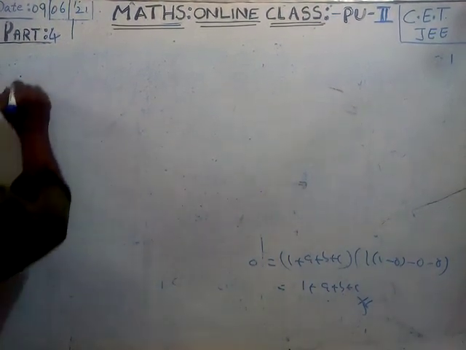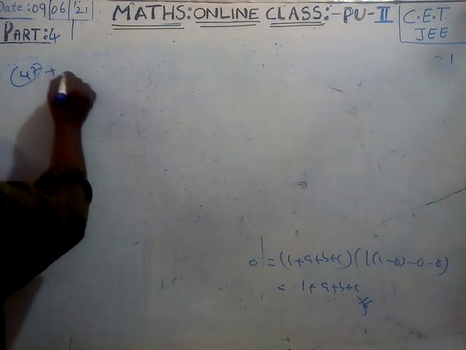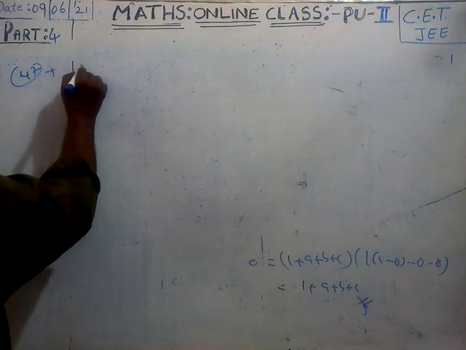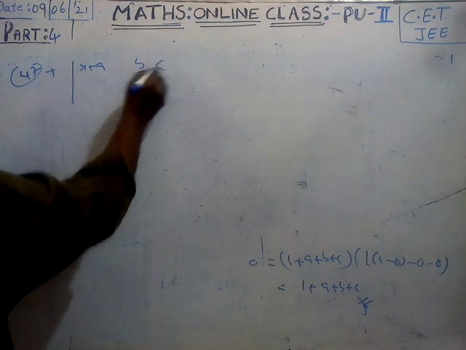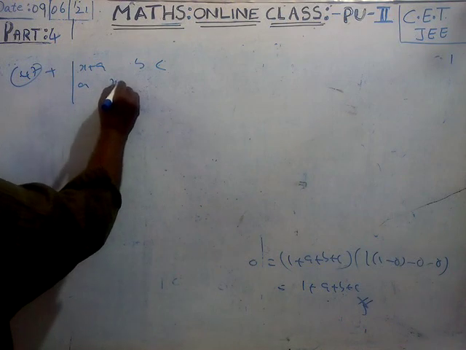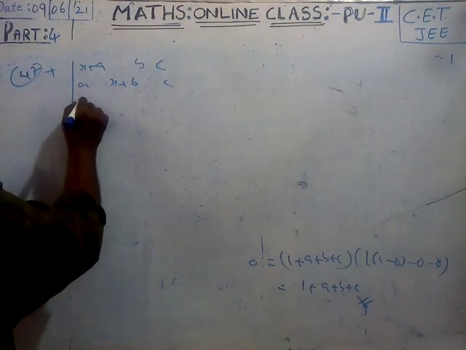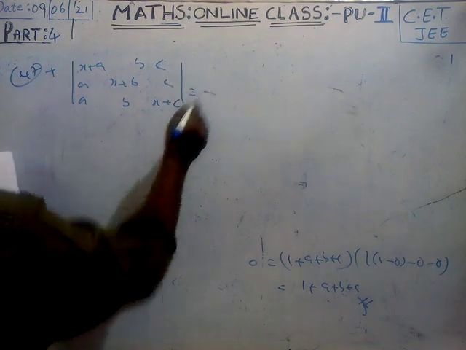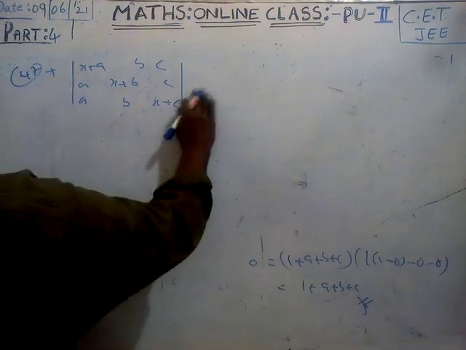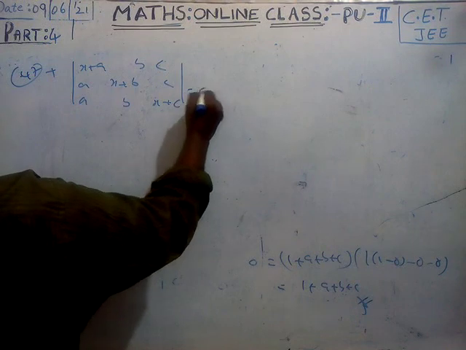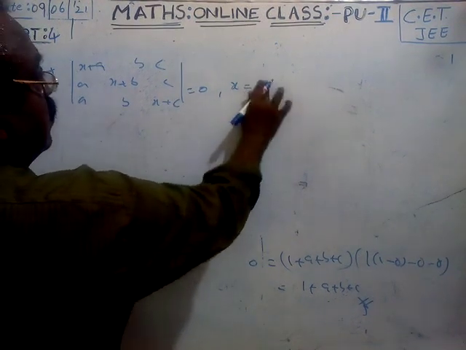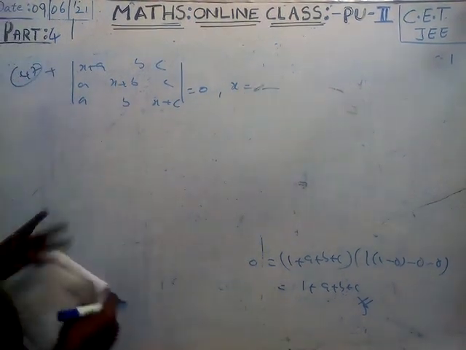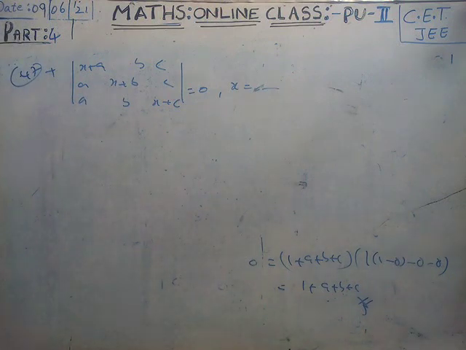The determinant x plus a, b, c; a, x plus b, c; a, b, x plus c is equal to 0, then x is equal to what? This determinant is 0, given. Then what about the x value is asked?